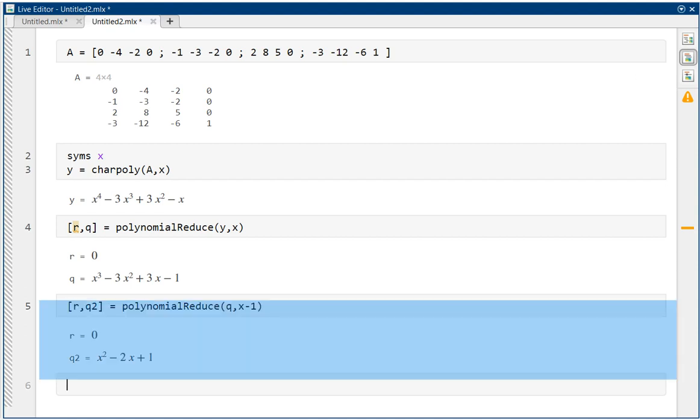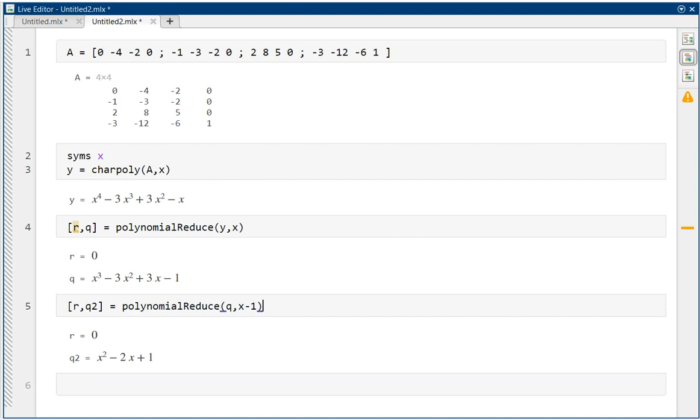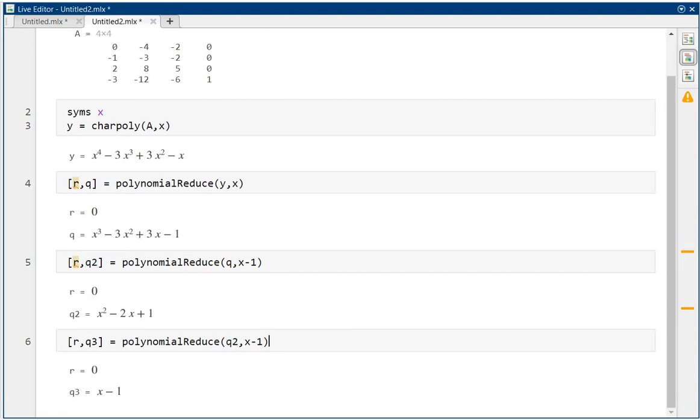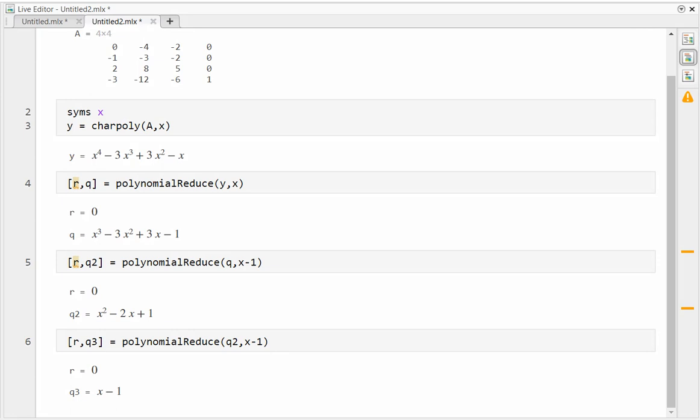I'm just going to do it this way to get them all. So I can do RQ3, do this one, Q2, and it looks like to me that x minus 1 is in there again, right? So we have some interesting stuff. We have an eigenvalue of 0, and we have an eigenvalue of 1 that repeats itself 3 times.